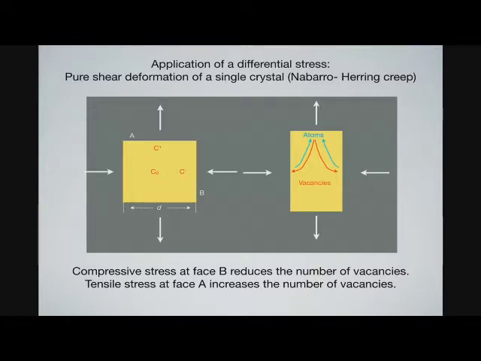You decrease the number of vacancies on the side under compression, and you increase the number of vacancies on the side under tension. And then, as I said, you can't just flow vacancies. You also have to have a counterflux of atoms.